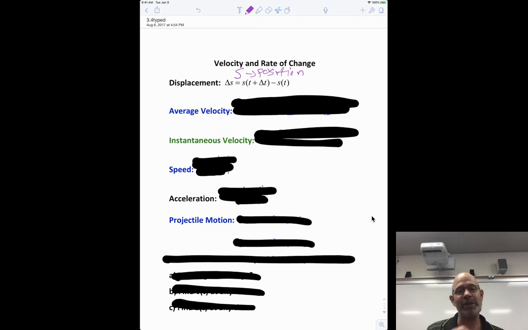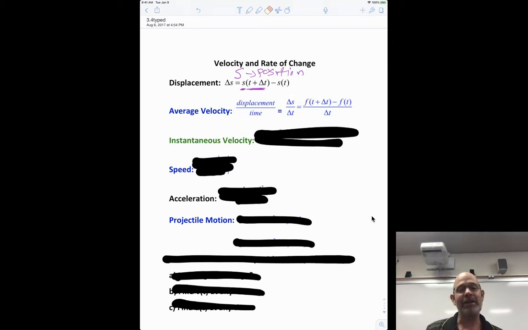So delta S would be change in position. Change in position is just how far you are from where you started, right? So it's the position at time t plus some change in t, so like a new time. So delta t is the change in time. So that would be like our second position minus our first position, S of t, right? Nothing earth shattering there, just a notation for displacement.